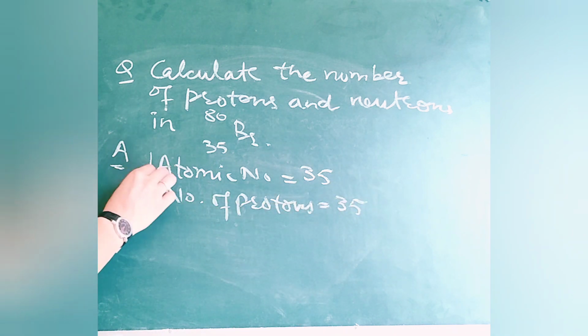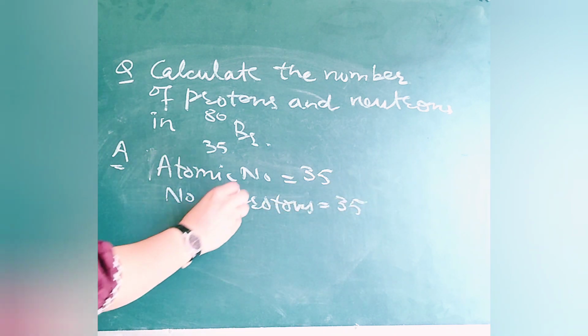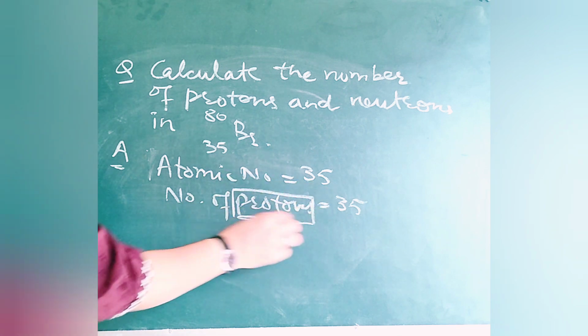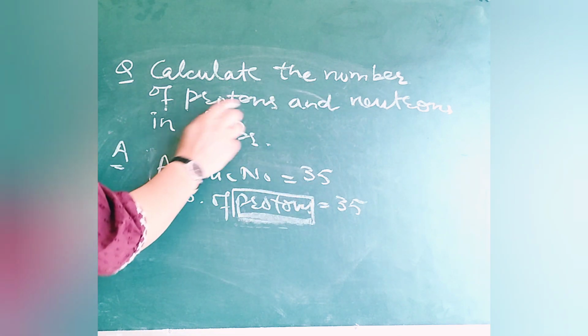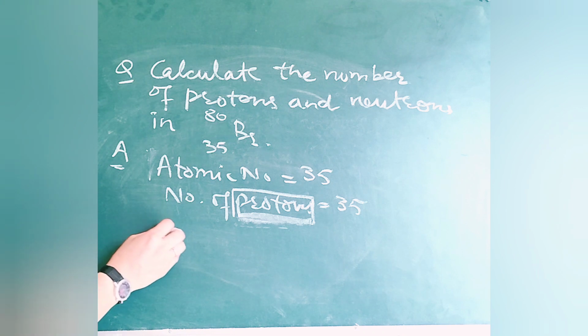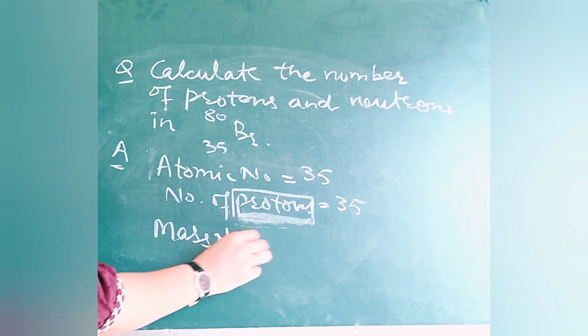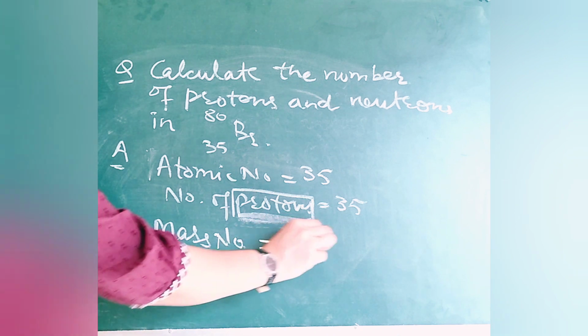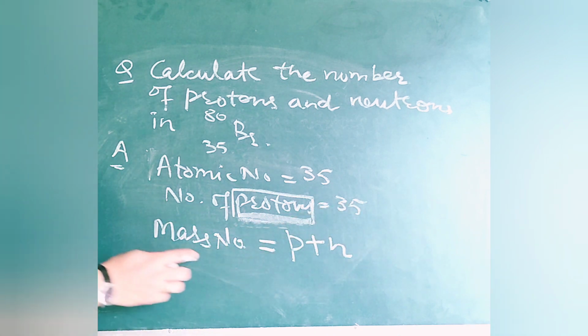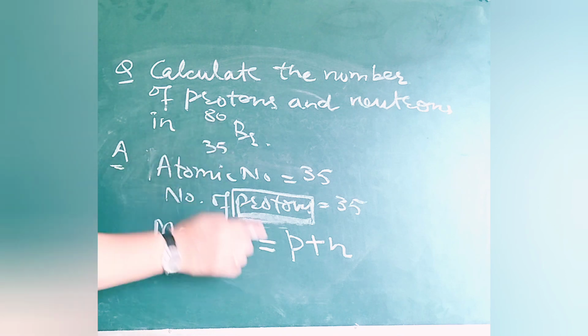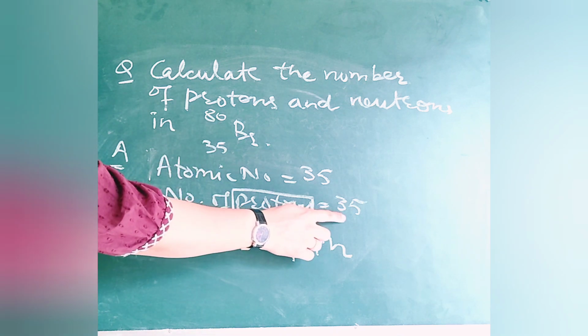Secondly, we have to calculate neutrons. So here we have got our number of protons, which is asked. Second one is neutrons. We know the formula, mass number is equal to number of protons plus number of neutrons. We know the mass number from the question and the number of protons we have calculated.